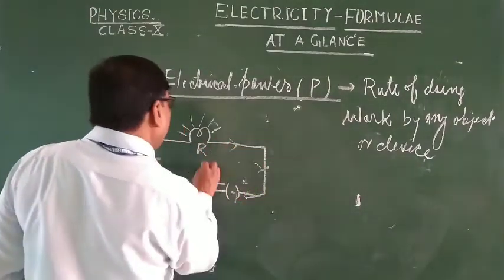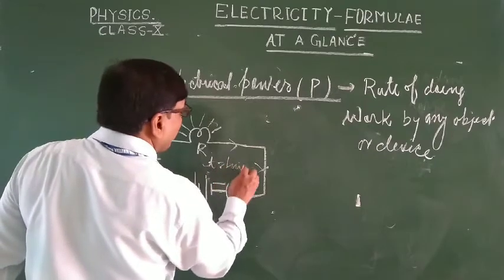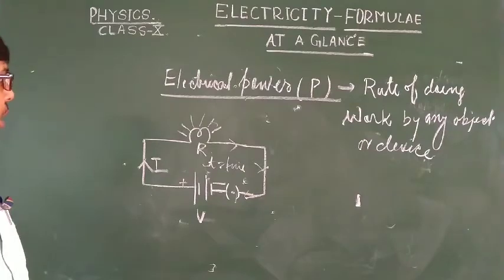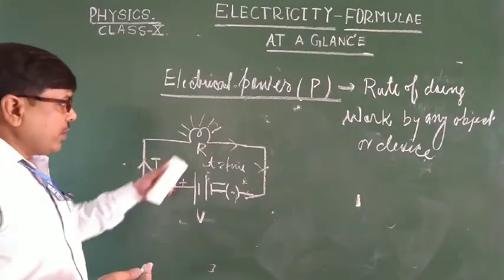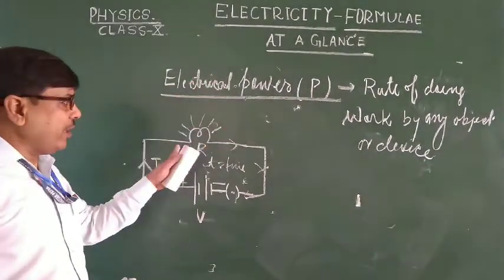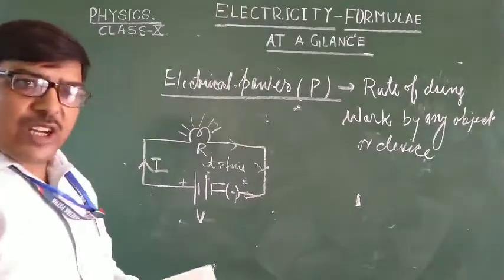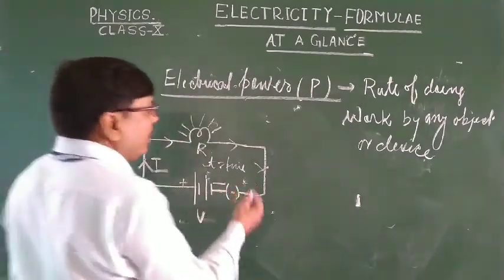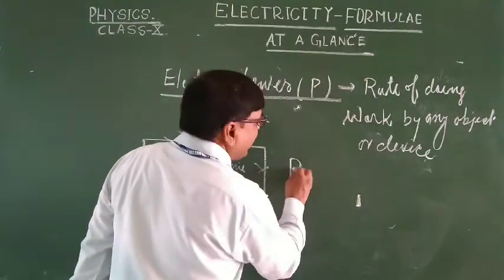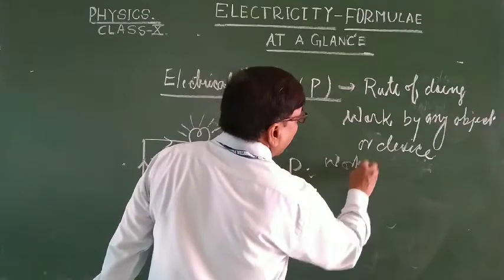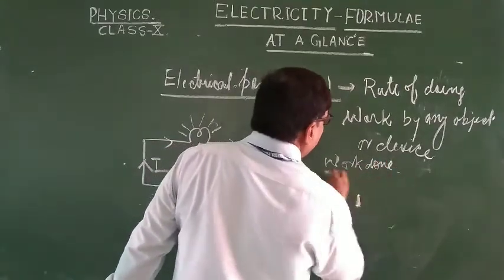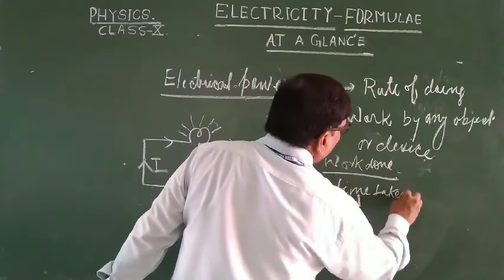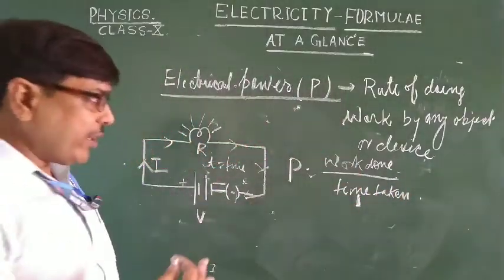If T is the time taken for the current to flow, we can find how much power is present in this electrical bulb and how much electrical energy is used. So electrical power P is equal to work done divided by the time taken to do the work.